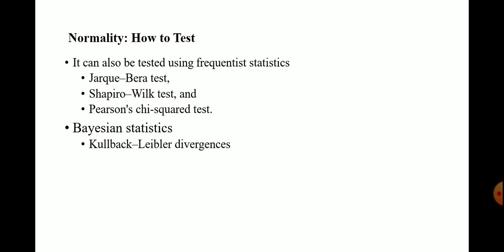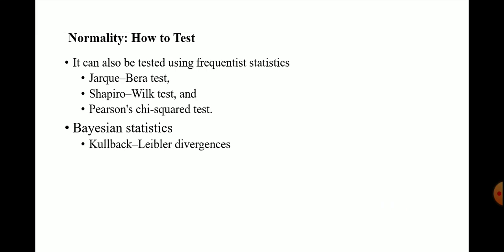Then there are advanced Bayesian statistics methods, like the Kullback-Leibler divergence method. So these are all methods to find out whether the underlying population from which the sample is drawn is normally distributed or not.